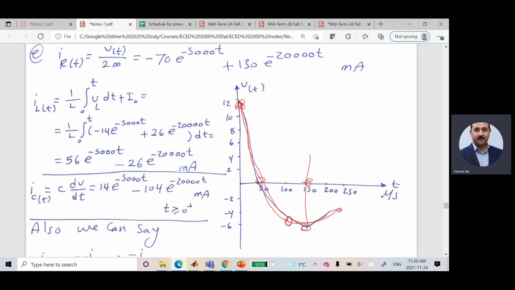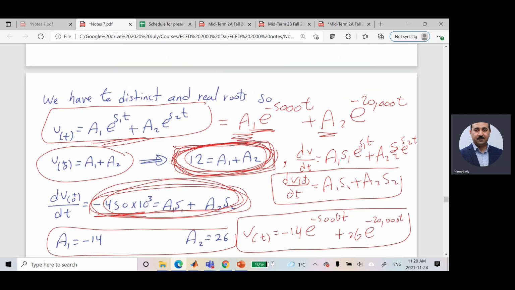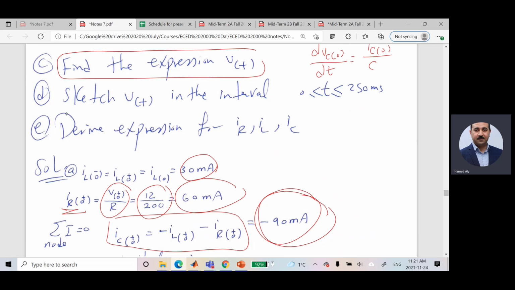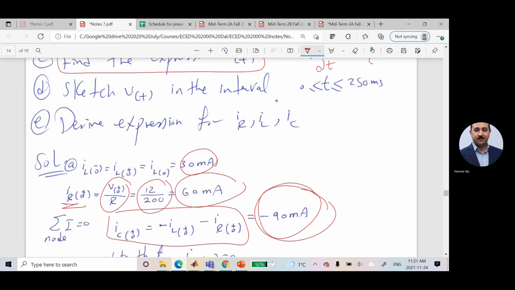If I asked you about that on the final, maybe I will not, but if I ask you. The last part here, I asked you to derive expressions for IR, IL, and IC.